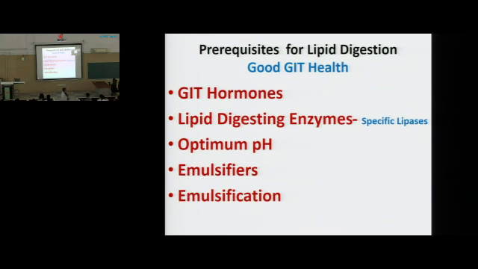All these are to be secreted, and are essential for lipid digestion. Various enzymes, lipid-digesting enzymes, are again a prerequisite. They are going to act and break the ester linkages. The pH for this reaction should be optimal, where these enzymes will act. And additionally, which you haven't studied in carbohydrate and protein digestion, is the emulsifier and emulsification.